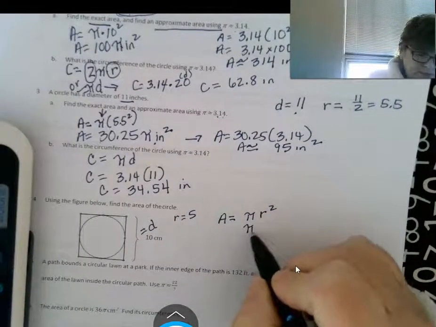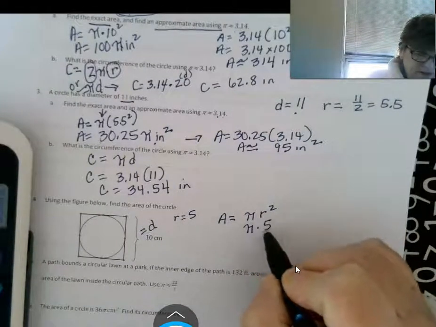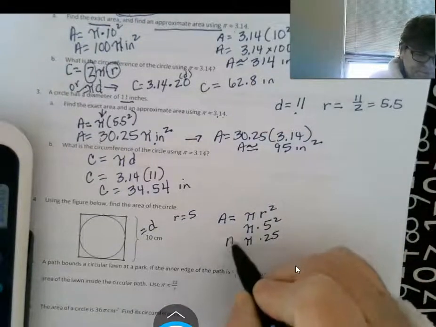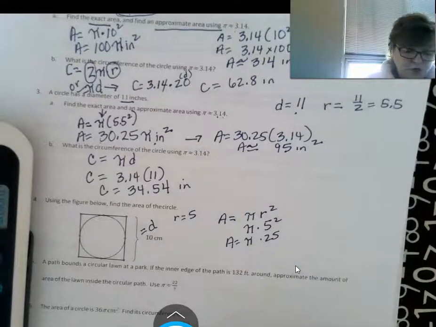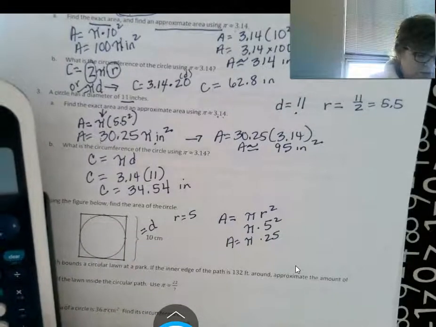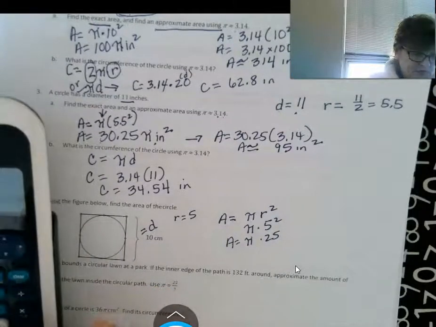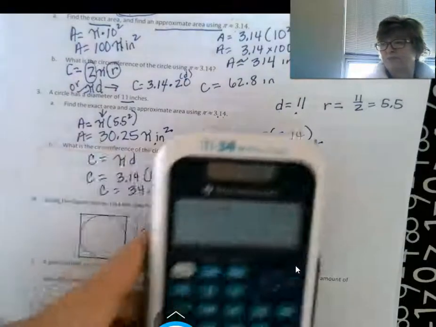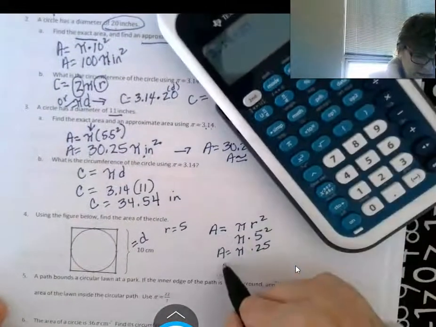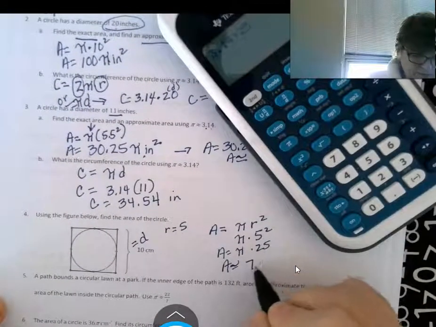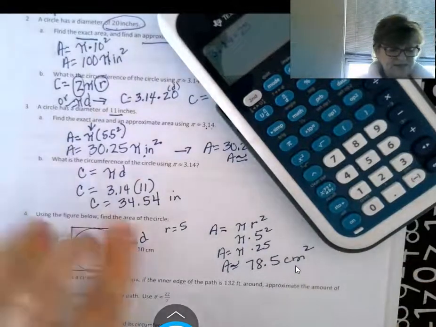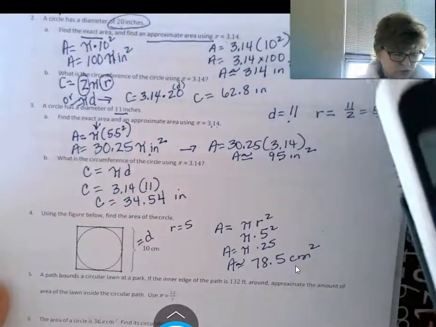Now we know that 5 times 5 is 25. So for this one, we're going to use 3.14 again. 3.14 times 25, enter, 78.5, approximately. Centimeters, and it's the area, the inside, so that is actually a square unit.